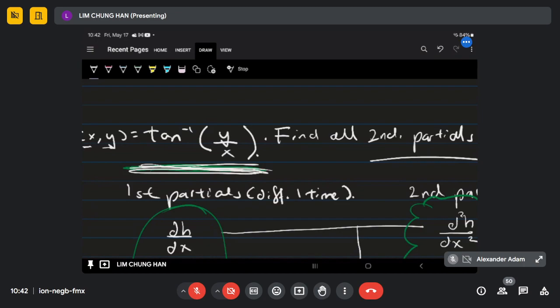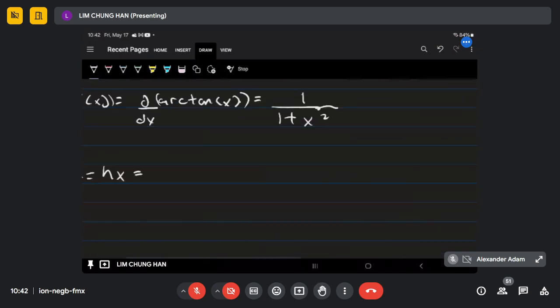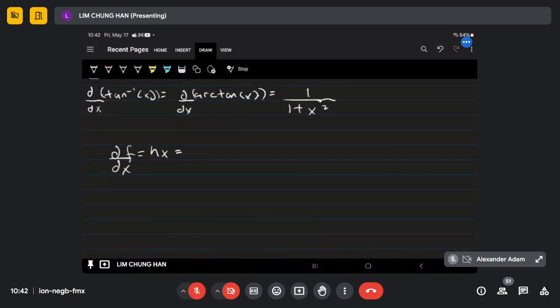How do you differentiate this? Okay, so think of it like this. What you're trying to differentiate now is inverse of tangent y over x, right?